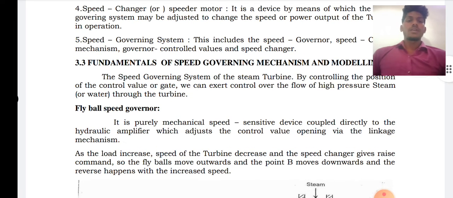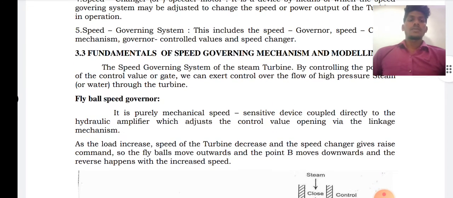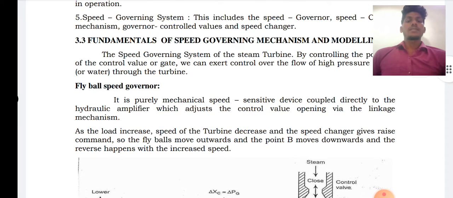Flyball speed governor: it is a purely mechanical speed-sensitive device coupled directly to the hydraulic amplifier, which adjusts the control valve opening via the linkage mechanism.